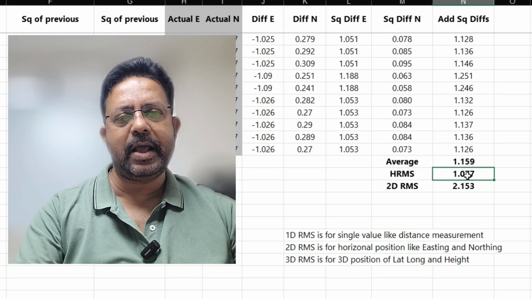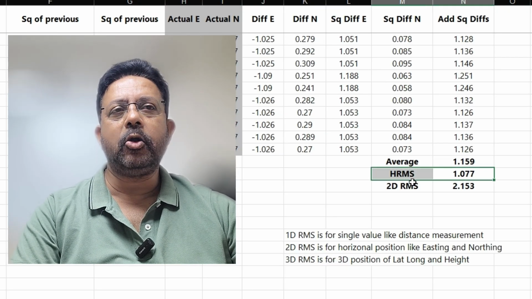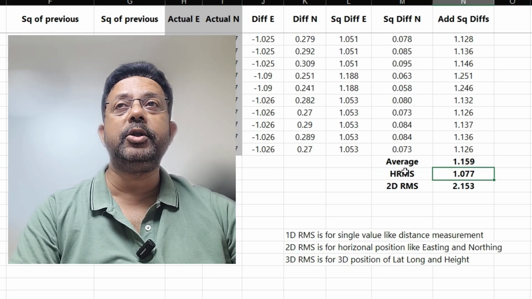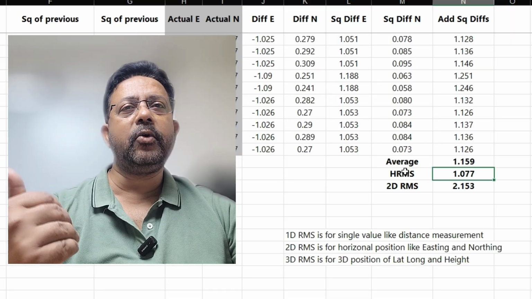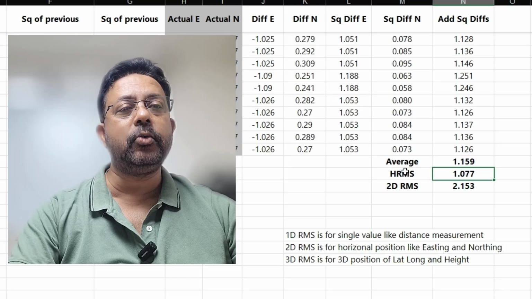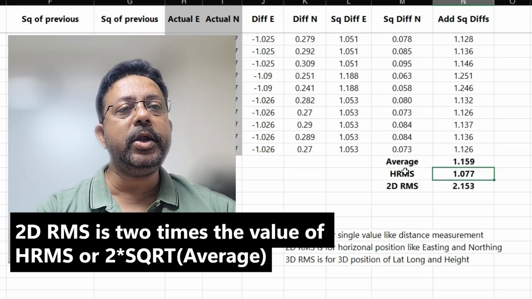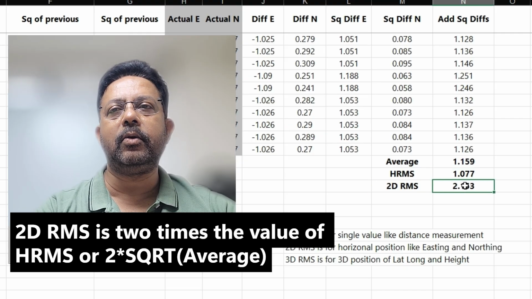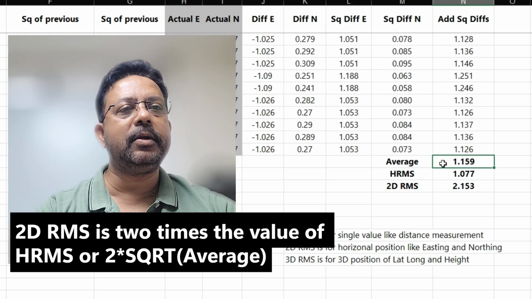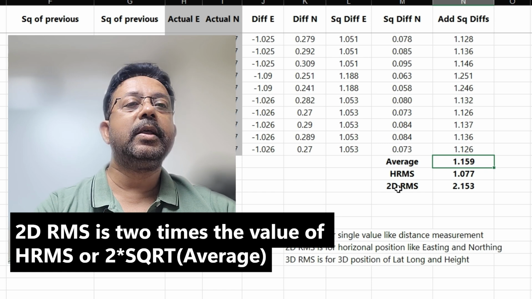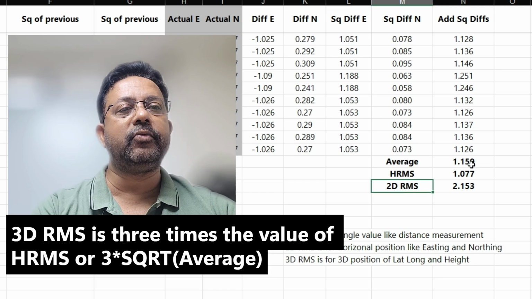Now sometimes you may have seen that there is something called 2D RMS, that is two-dimensional RMS, or three-dimensional RMS. Therefore easting, northing and height or latitude, longitude and height. So 2D RMS is double of that value. You just double it, 2 times the square root of this average number is your 2D RMS. 3D RMS is 3 times this value.